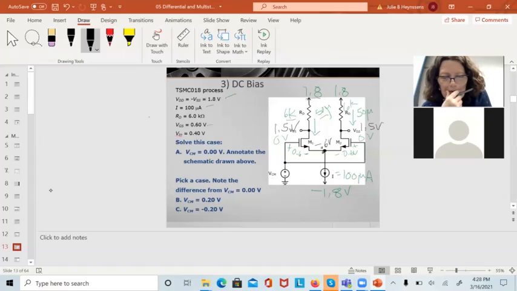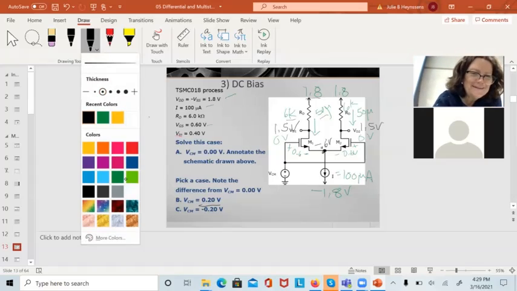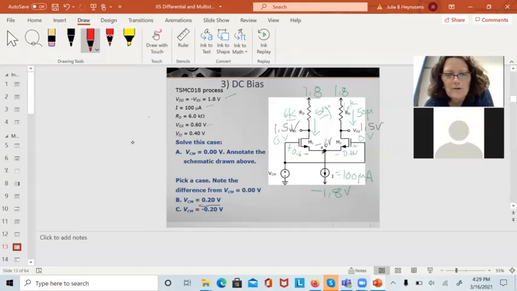What else do we know? If I raise V common mode, if I make it 0.2 volts instead, let's go to red. If I make it 0.2 volts instead, it doesn't change anything here.